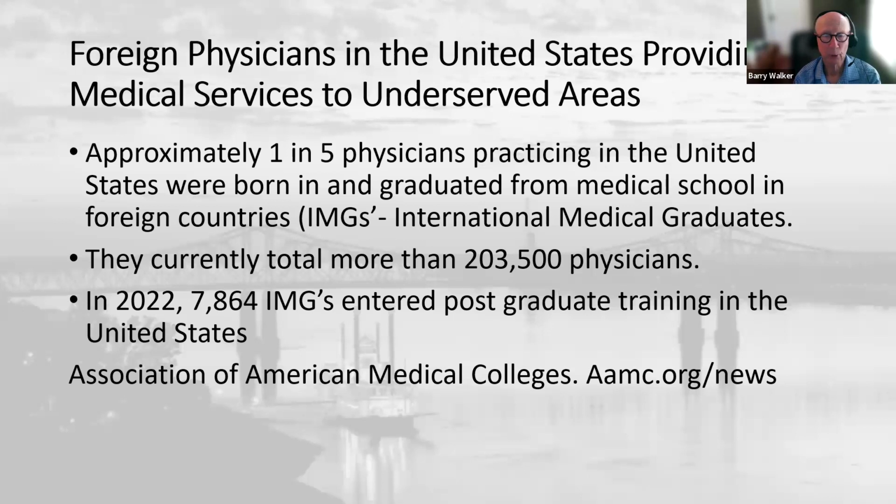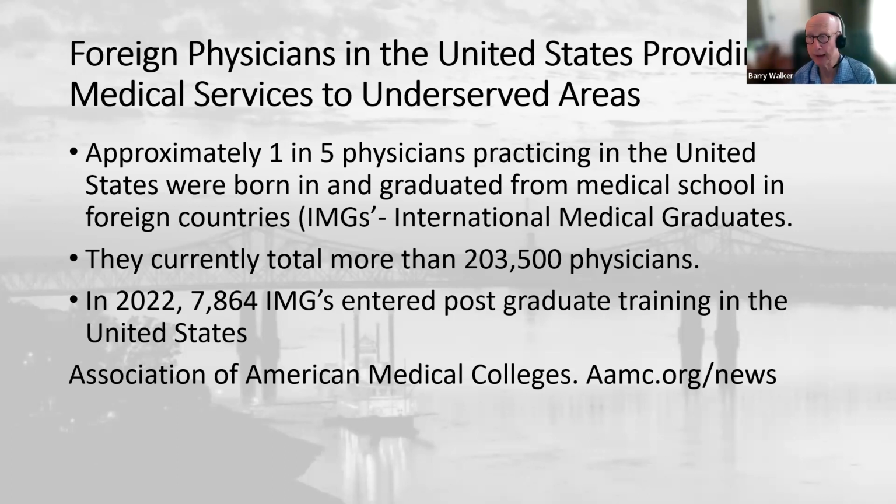So we know that about 1 in 5 physicians currently in the United States were born in and graduated from medical schools in foreign countries. We'll call them IMGs or international medical graduates. There are about over 200,000 of these physicians working in the United States. In 2022, about 7,864 IMGs entered postgraduate training in the United States.